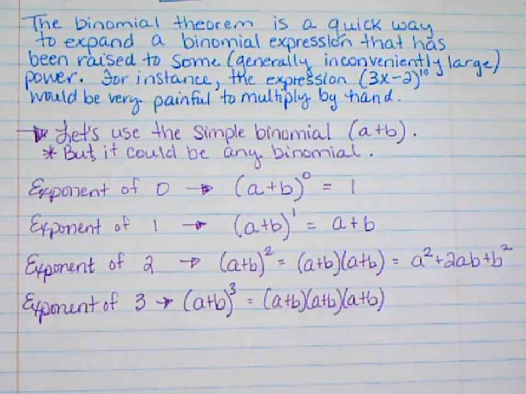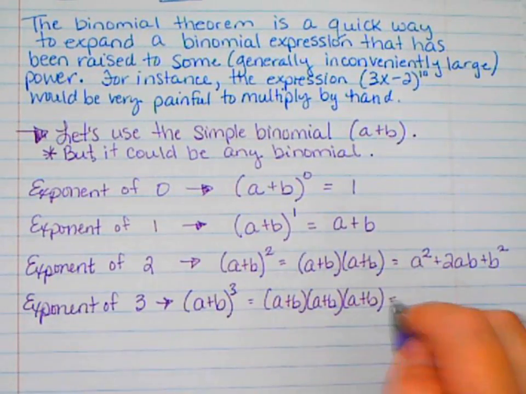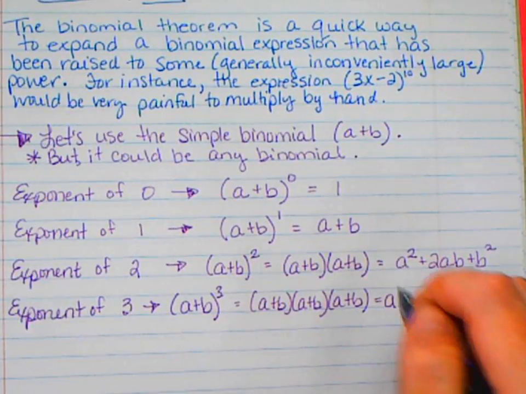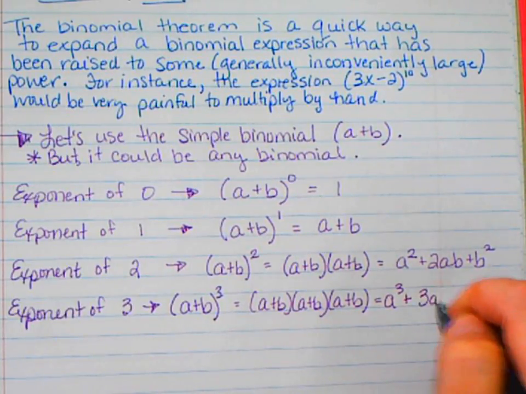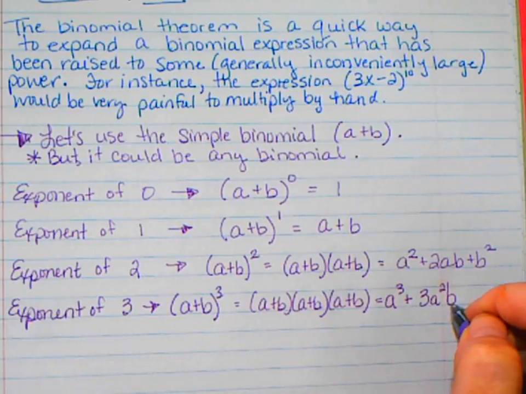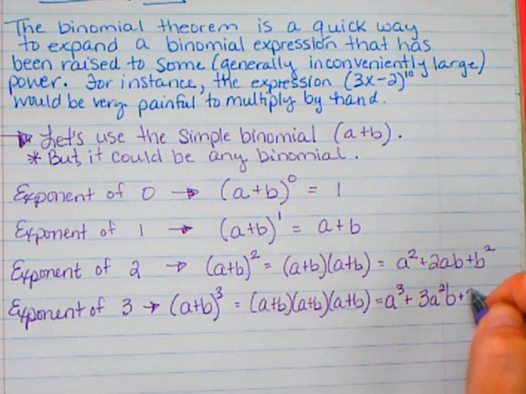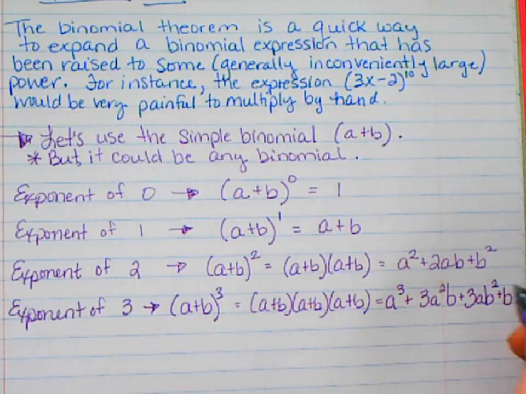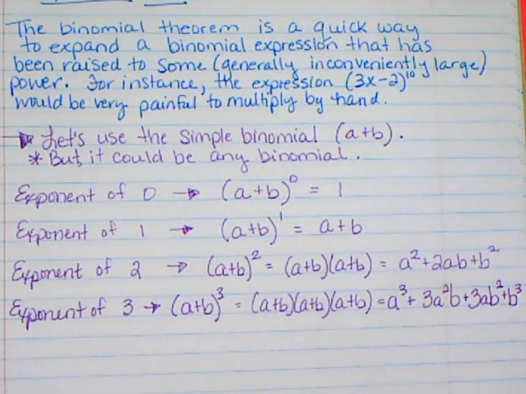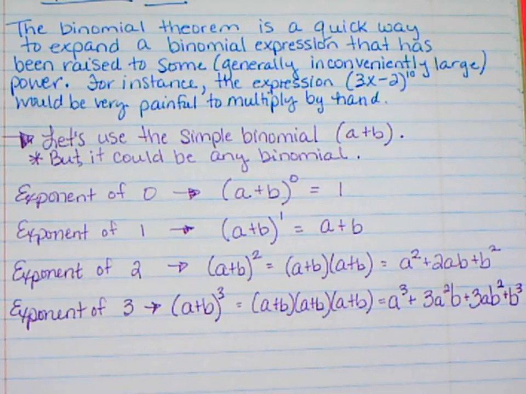And once you do all that, you would get a cubed plus 3a squared b plus 3ab squared plus b cubed.